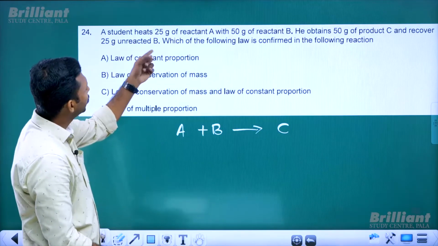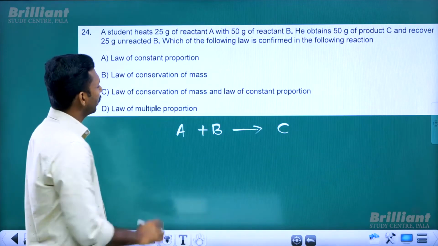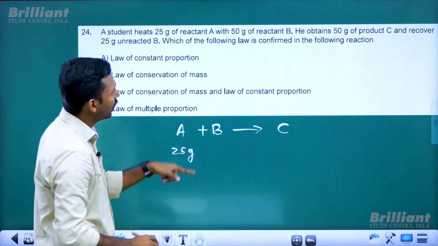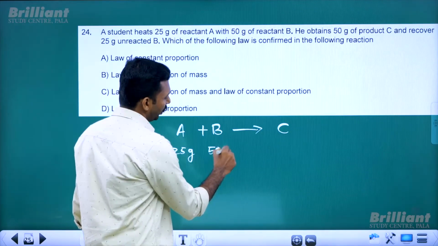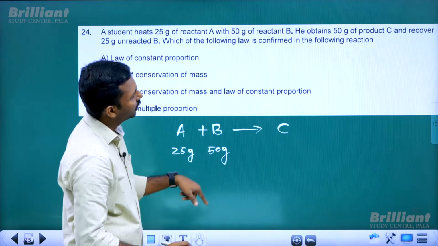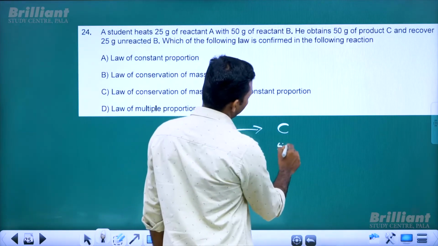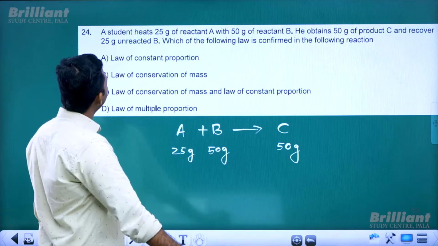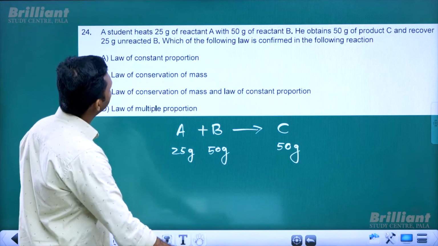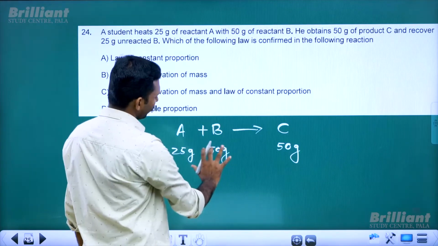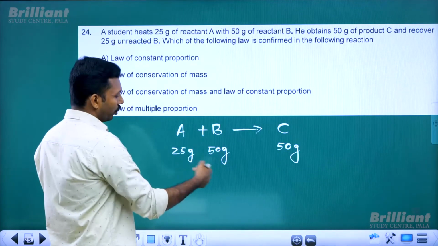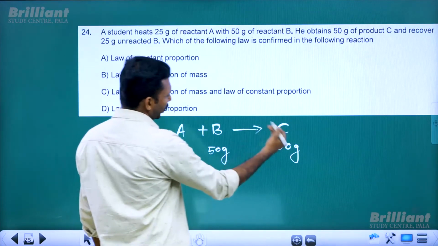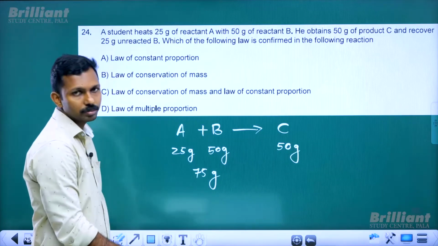So a student heats 25 gram of reactant A. He took 25 grams of A and 50 grams of B. And he obtains 50 gram of product C and recovers 25 grams of unreacted B. So here the total mass of reactants is 75 gram, we know, but the product formed is 50 grams.